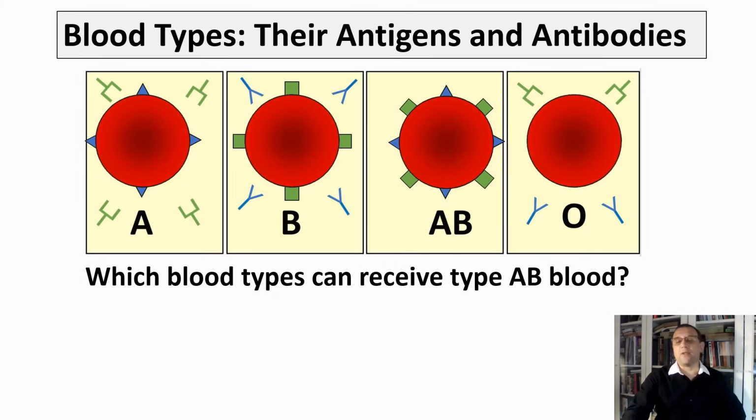Let's move on further. Which blood types can receive type AB blood? Pause the video. The answer is AB only. Why? Because type AB blood has both types of antigens sitting on its surface. So this will elicit an immune response in the recipient or acceptor.